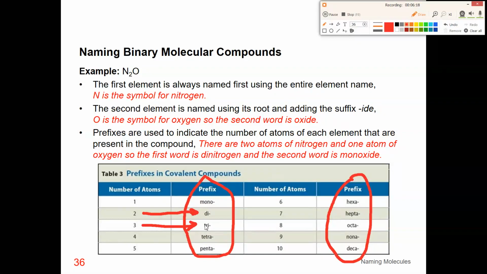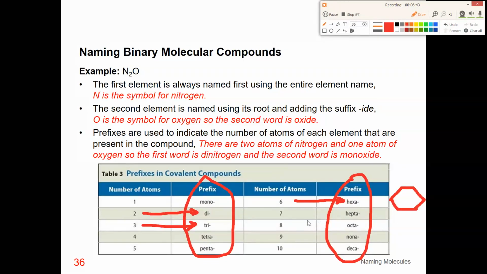It's a similar prefix, like mono. 4 is tetra, like in protein structure you learn from biology, tertiary structures. Tetra means 4, then penta, hexa. Probably you learned this from mathematics, hexagonal, something like that.